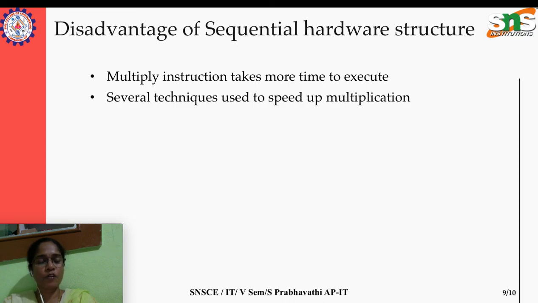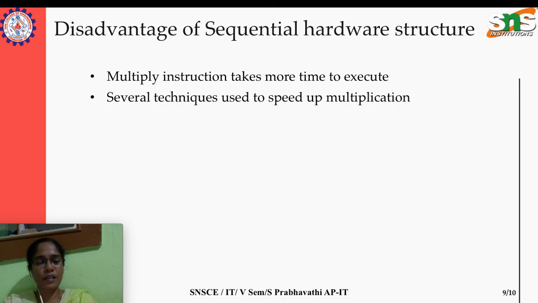To overcome that inefficiency we moved to sequential implementation of multiplication of positive numbers. There we need only a single n-bit adder, and in that we have also seen it is quite time consuming, because only a single n-bit adder is applied to carry out all the operations.